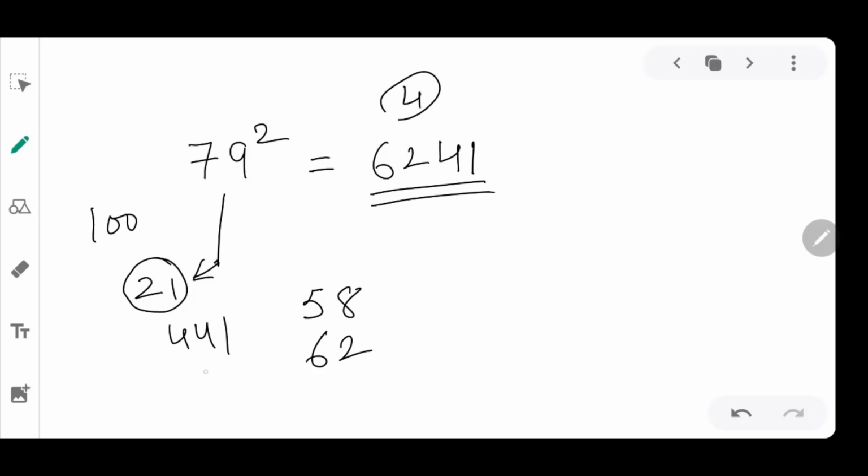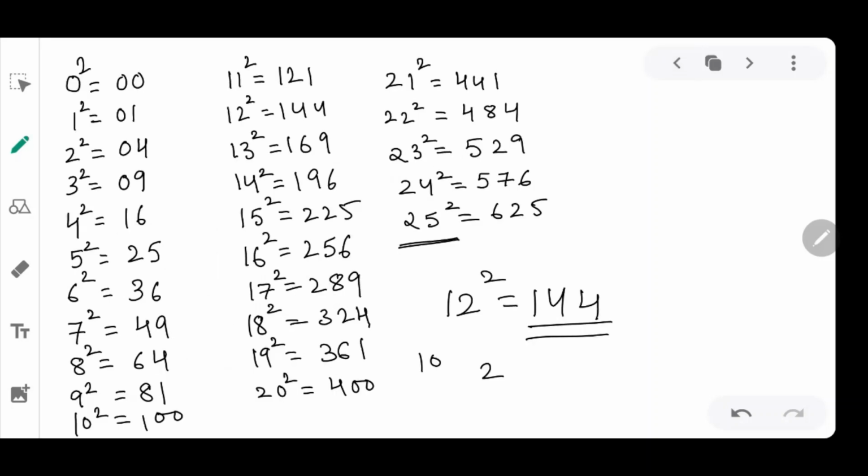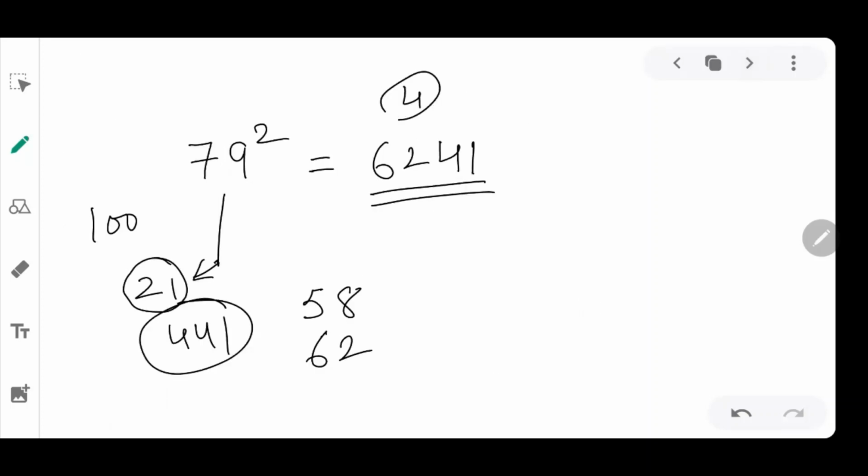So if you remember these values, the squares of these 25 numbers, you can get the last two digits easily for any square. Let's take another number, 123 square, if you want to calculate. How much is it more than the base? 23. So when it is more, we add these two numbers. When it is less, we subtract.